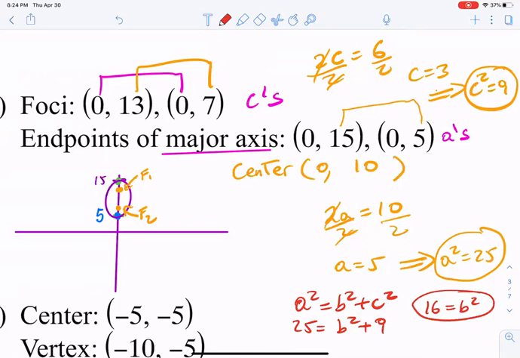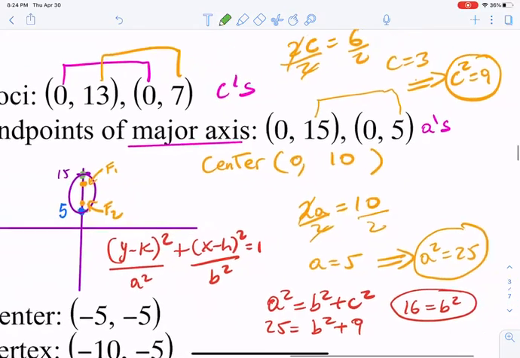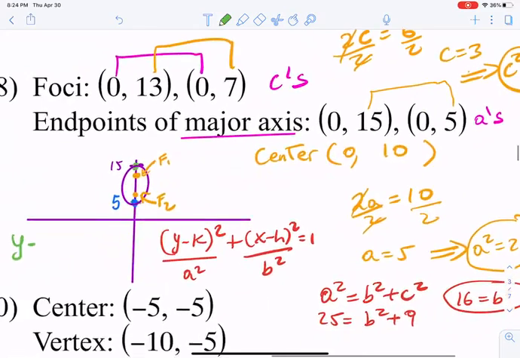I don't need to solve for b because I need b squared. Now I know it's a vertical major axis, so I need my equation: (y minus k) squared over a squared plus (x minus h) squared over b squared equals 1. This is a squared in this case because this is the major axis, and this is b squared. We just need to plug it in. What's my h, k?